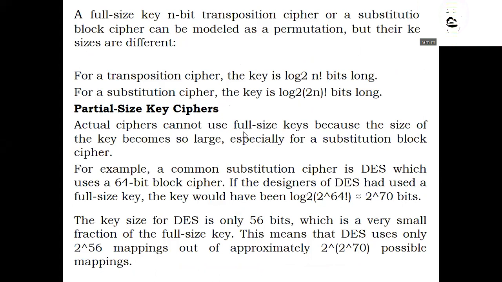Actual ciphers cannot use full size keys because the size of the key becomes so large, especially for a substitution block cipher. For example, consider DES, which uses a 64-bit block cipher. If the designers of DES had used a full size key, then with a 64-bit block, the number of permutations possible is 2 power 64 factorial.